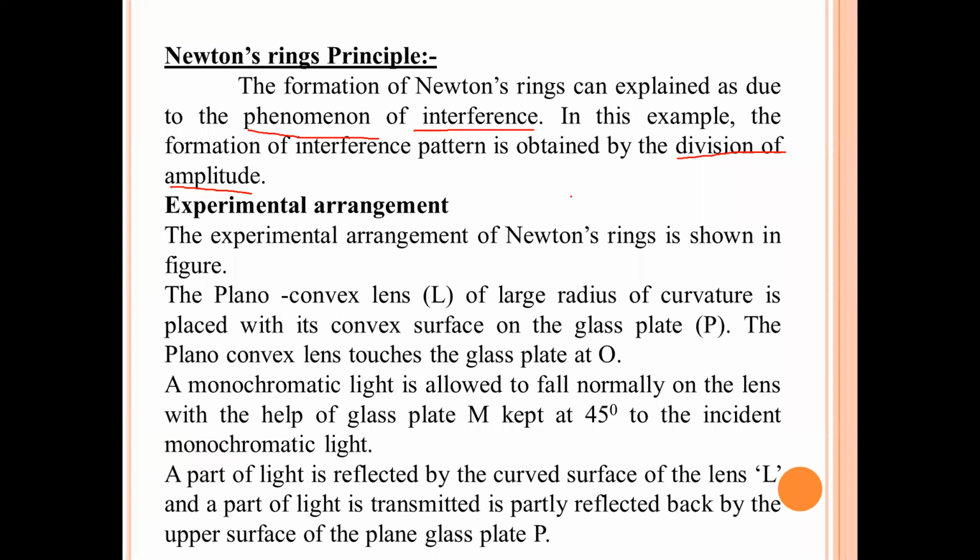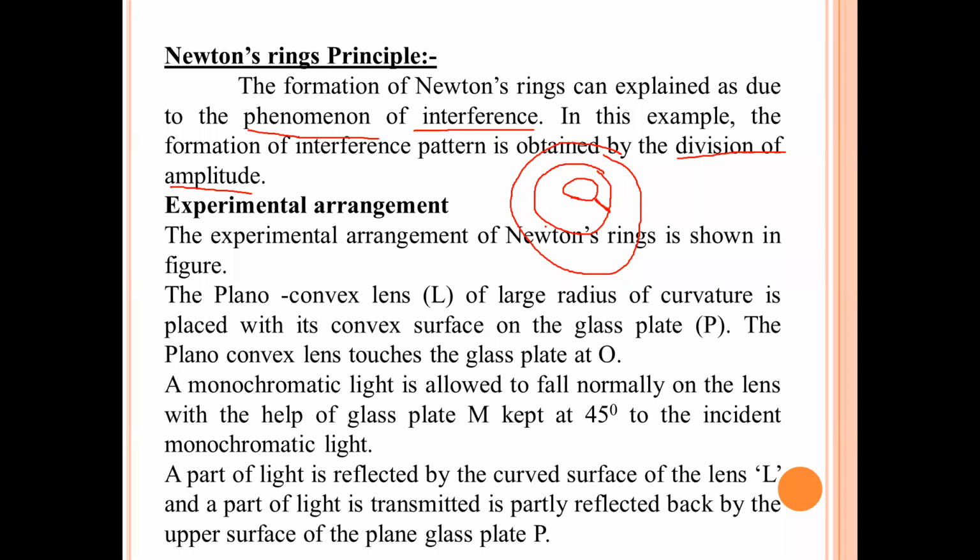Like that, one dark ring and one bright ring. Here the line indicates the bright ring, and between every bright ring, in the gap, there is a dark medium.